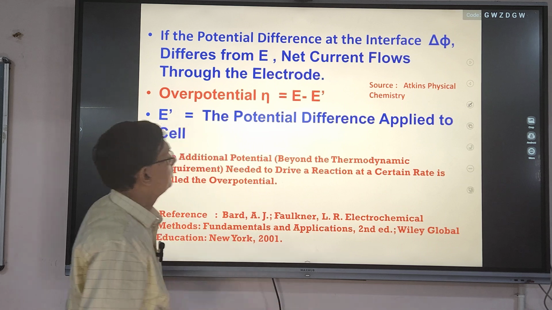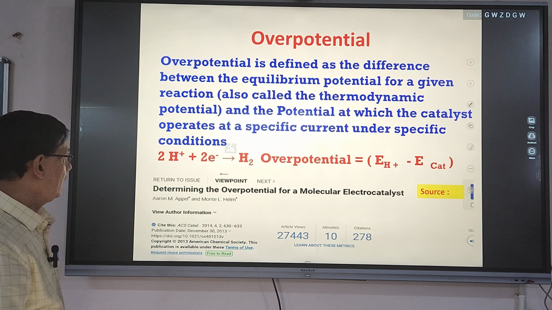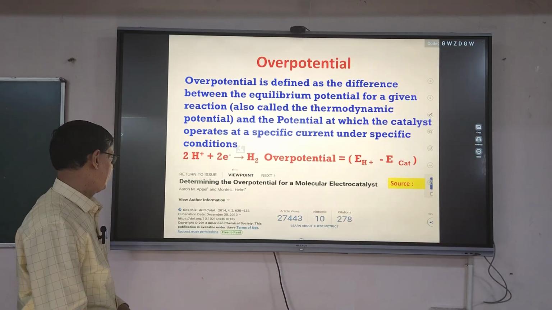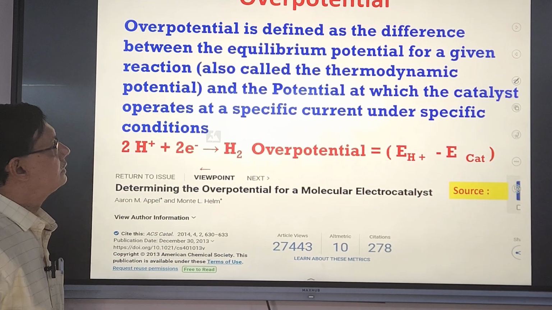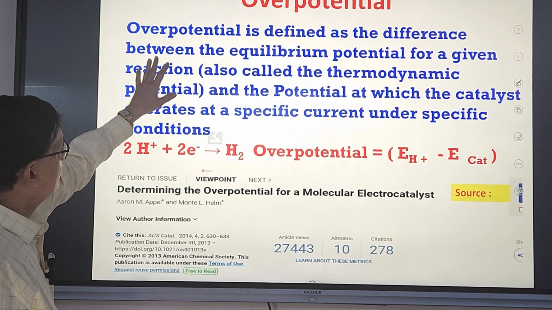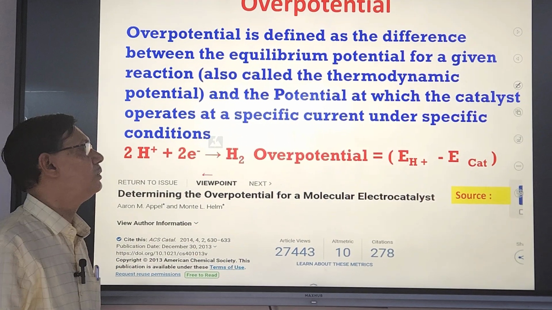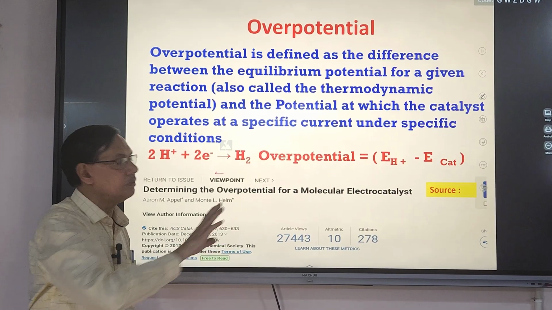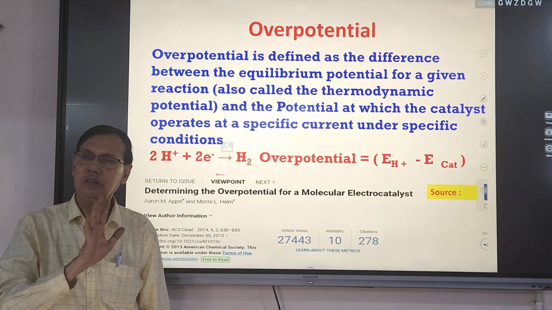The last definition I am taking from another very good research journal, again American Chemical Society, catalysis. Now that definition is very simple. All the three definitions are exactly the same, but in order to make you understand, I am giving you all the details, because in the Tafel plot, nothing to be worried.